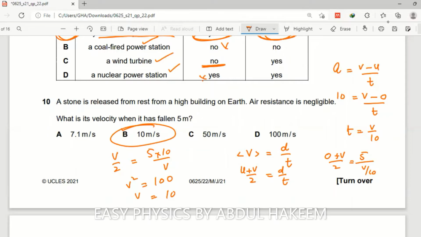Initial speed is 0, final required, divided by 2, distance fallen is 5, divided by time v by 10. Then v by 2 is equal to 5 times 10 divided by v. So v squared is 2 multiplied by 5 times 10, which is 100. Taking the square root of both sides, v is equal to 10, B is the answer. Or otherwise you can apply the equation of motion, it's up to you.